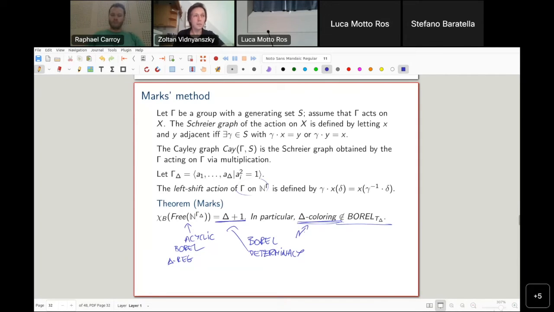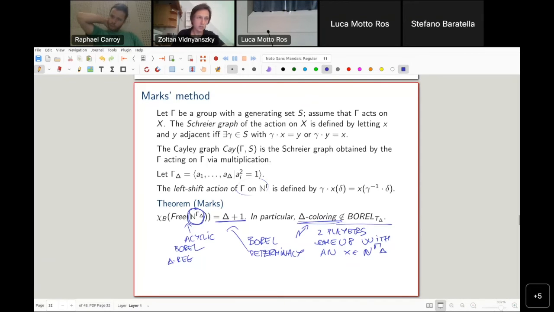These are two-player games where two players come up with an element x of this space, N to the gamma, a labeling, and somehow you get into trouble from the existence of winning strategies. I didn't tell you too much, but you can imagine that often it's a strategy stealing argument.